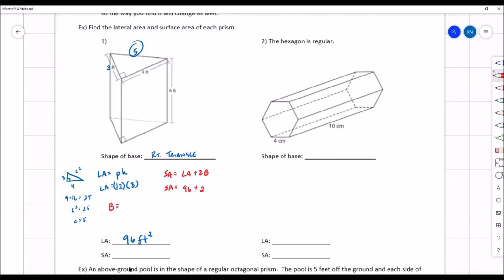Since this is a triangle, b is 1/2 base, which is 4, times height, which is 3. So as we multiply that, we find that b is 6. So surface area equals 96 plus 12, which gives us 108 feet squared.